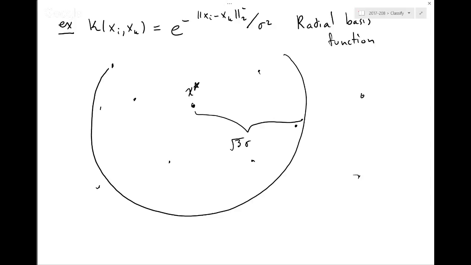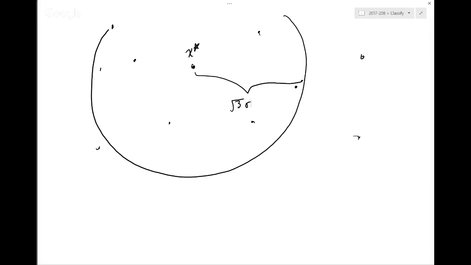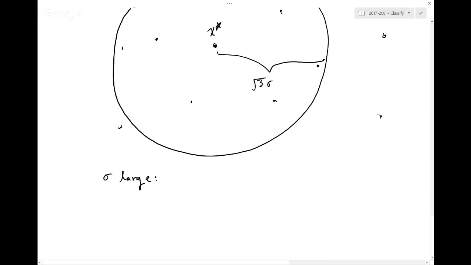So it should make sense that if we use sigma large, then we're effectively using more points for predicting this point x star. And so with sigma large, we have a high bias.